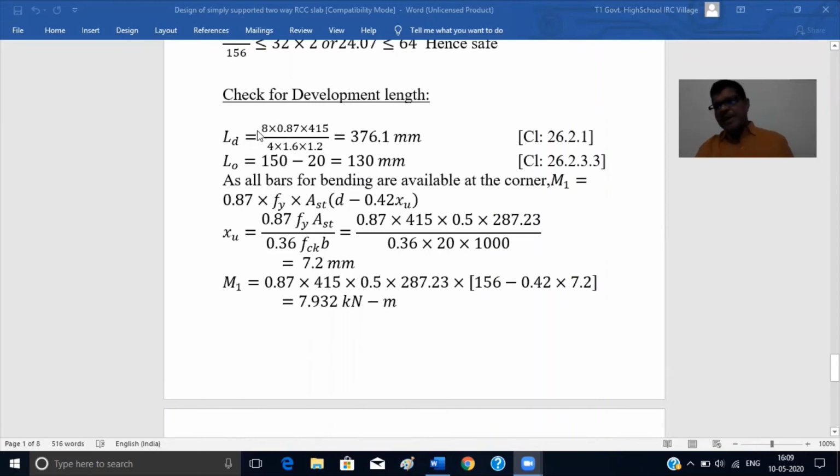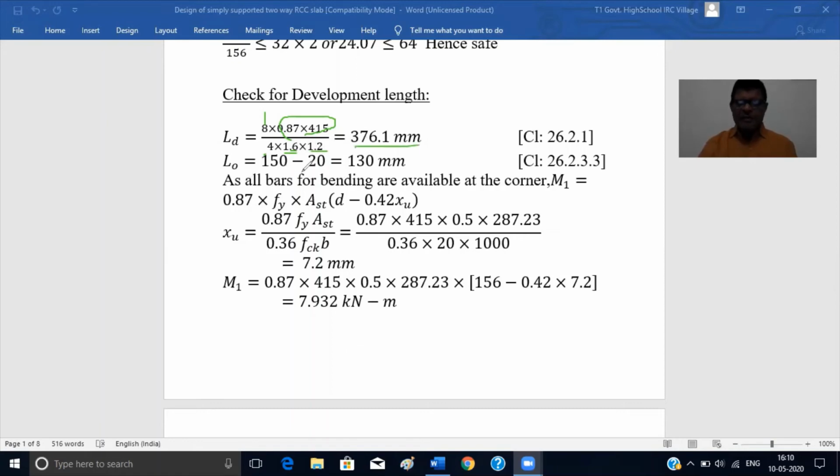In the check for development length, we have also discussed that we are checking the diameter of the bar, which we assumed initially, to see whether it satisfies or not. Now Ld is equal to, again the same thing, phi sigma s by 4 tau bd, and sigma s is equal to 0.87 fy. So that value is taken here. Phi is 8. Tau bd has a 60% increase in the value of bond stress because of the HYSD bars, and you find the value of Ld.